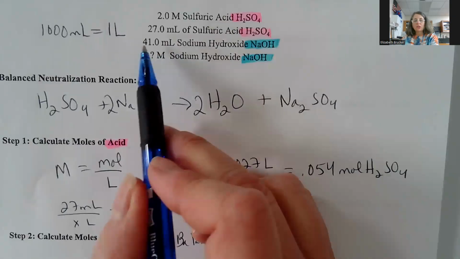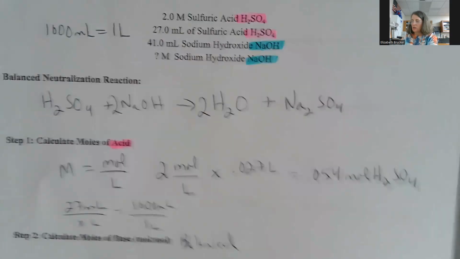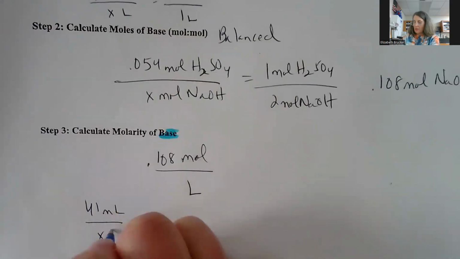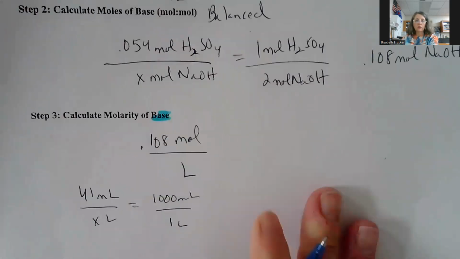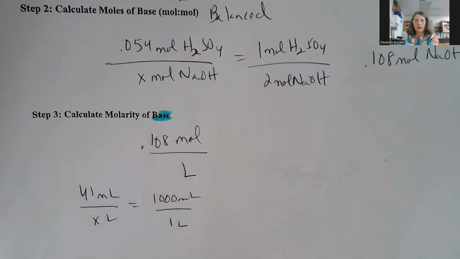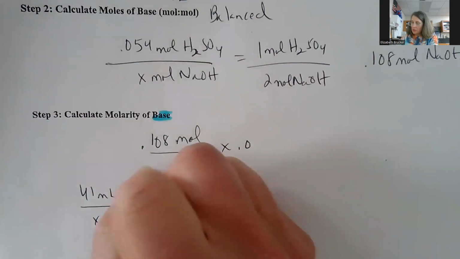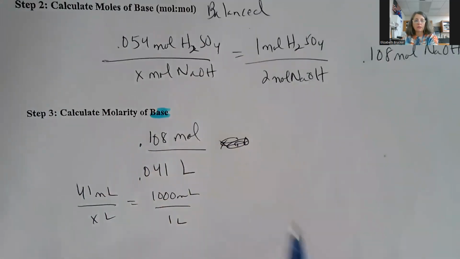So I go back up to the only bit of information I haven't used, which is the 41 milliliters. So again, if I want to do 41 milliliters is how many liters, it is 1,000 milliliters for every liter. Okay, so I divide the 41 by 1,000 and I get 0.041 liters is what I get for the liters there.